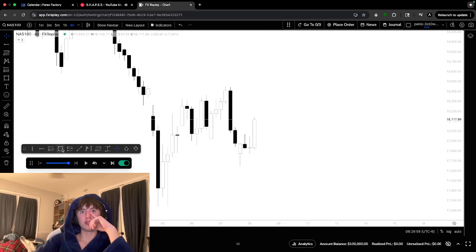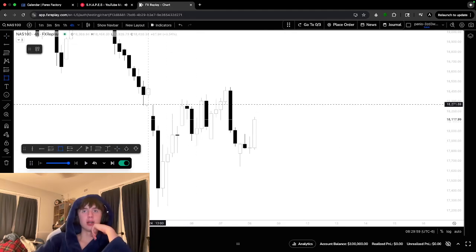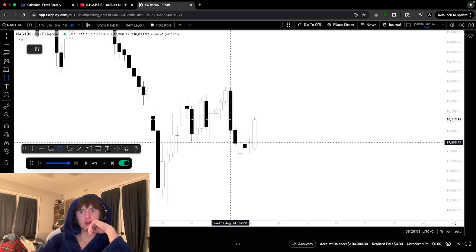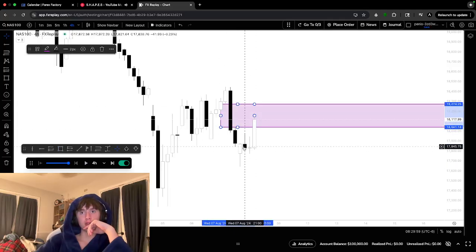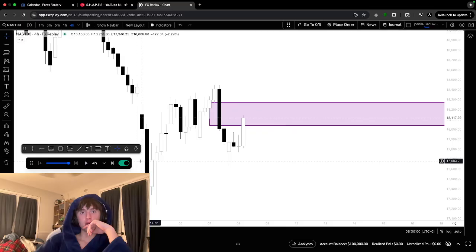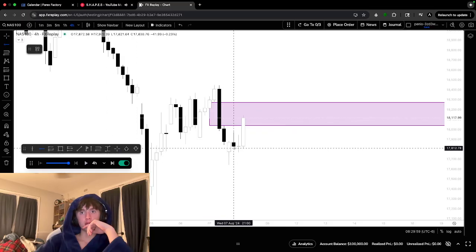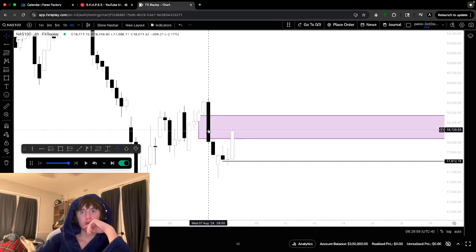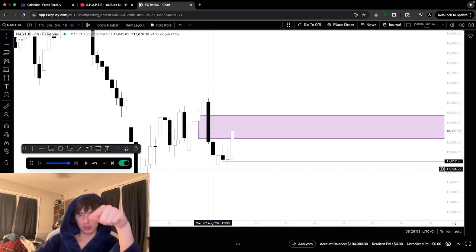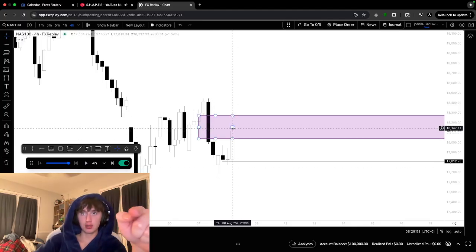Alright, what I see here is a gap that we came up, filled, dumped, and I think we're going to retrace off of this. And let's just target the low. Bullish, maybe.